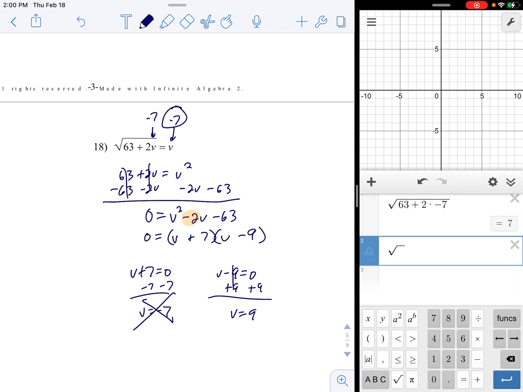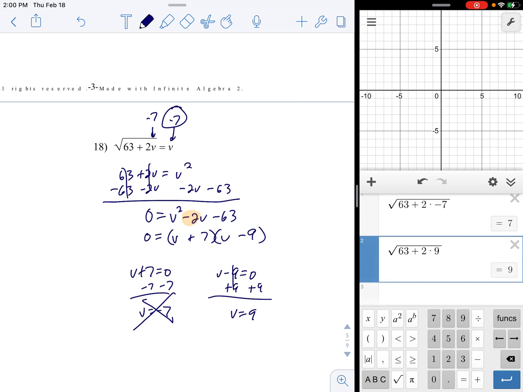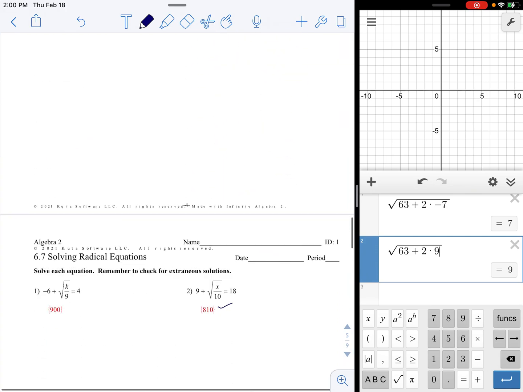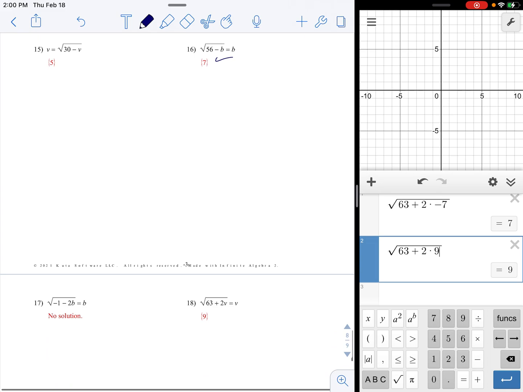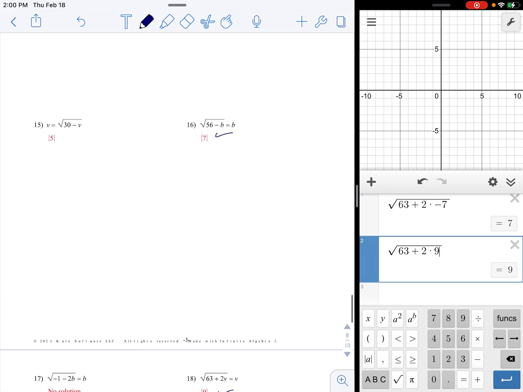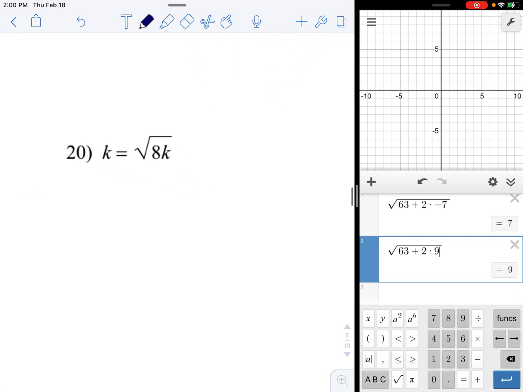Let's try square root of 63 plus 2 times 9. Okay, so when we plug in a 9 here, we do get a 9 out for an answer, so that is a good answer. Number 18 should just be 9.